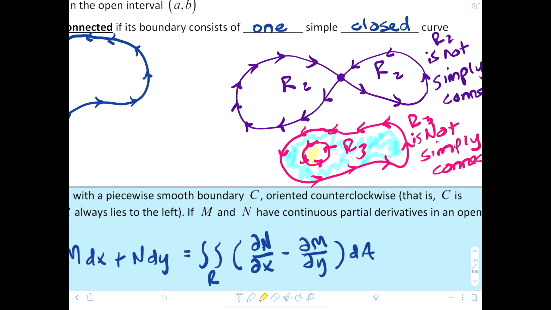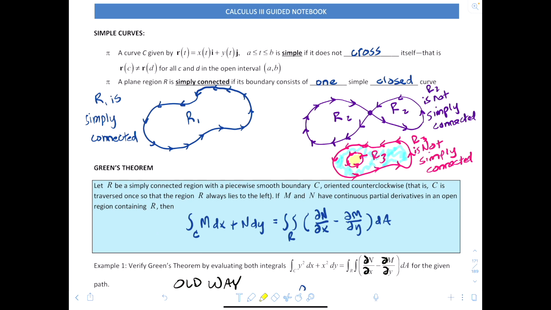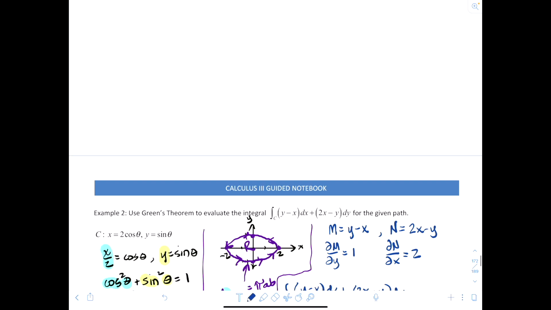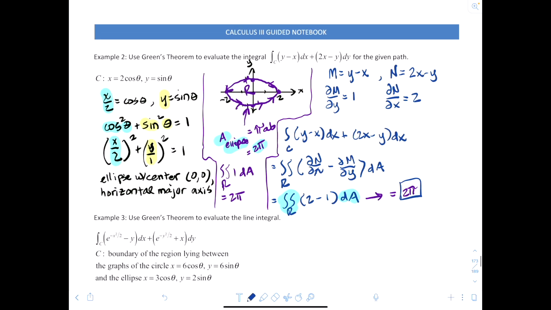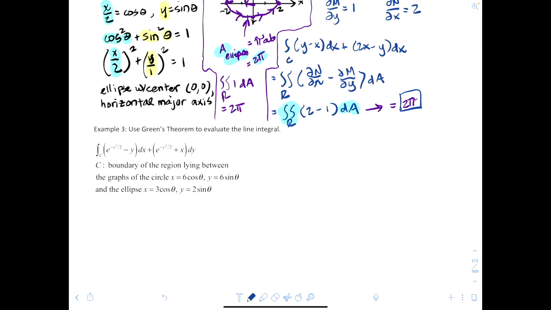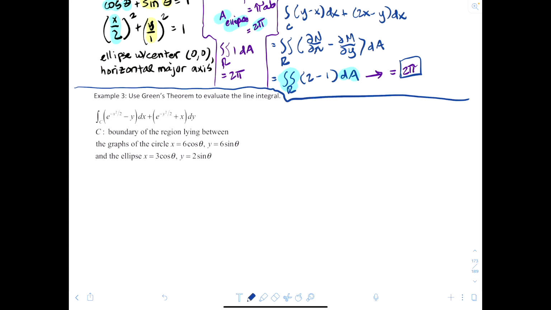You'd be looking to the left and you'd be in here. And so this one is not simply connected, but if you have the right kind of situation, you can use Green's theorem and extend it to a region with a hole in it. So let's look at this third example and see how we can do that, okay?